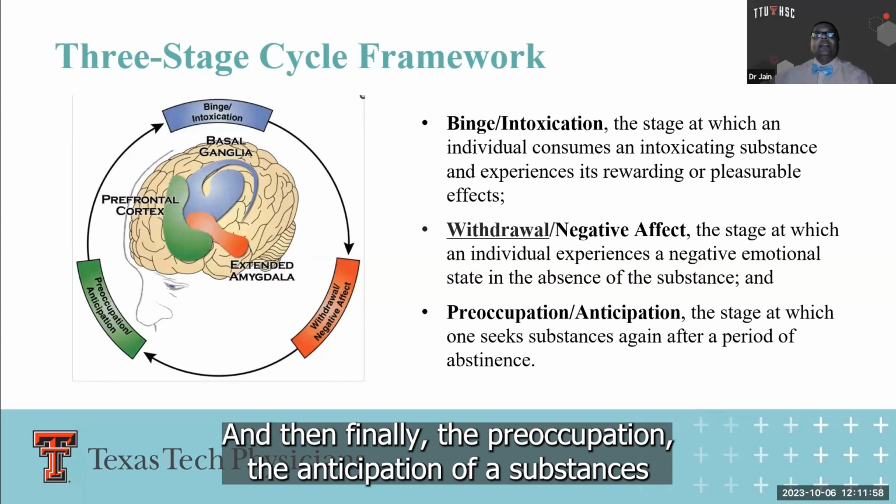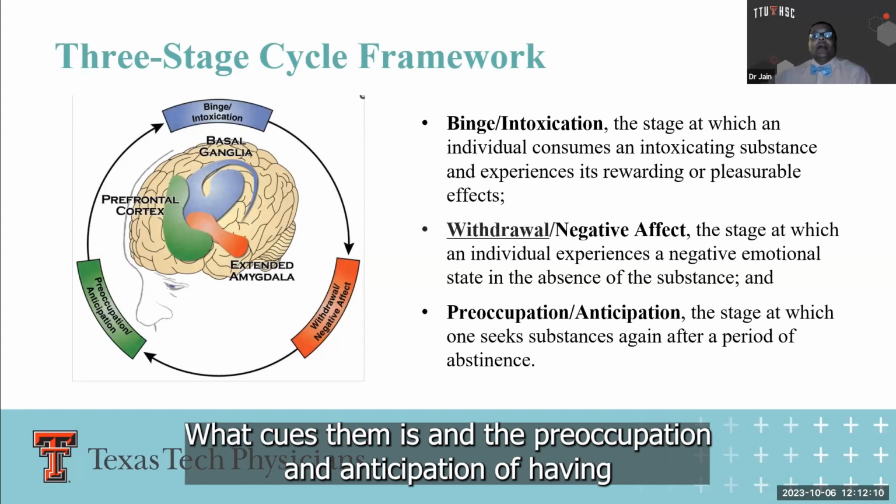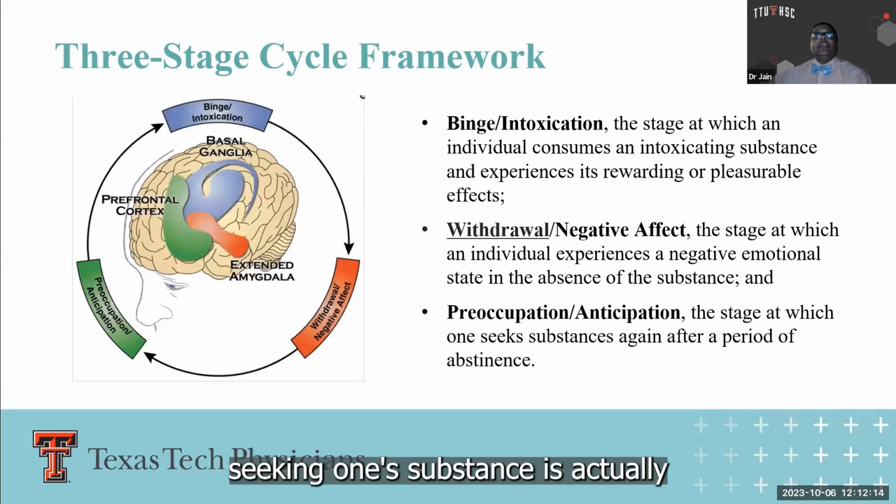And finally, the preoccupation and anticipation of substances, or getting cued by any drug paraphernalia, is done through the prefrontal cortex.